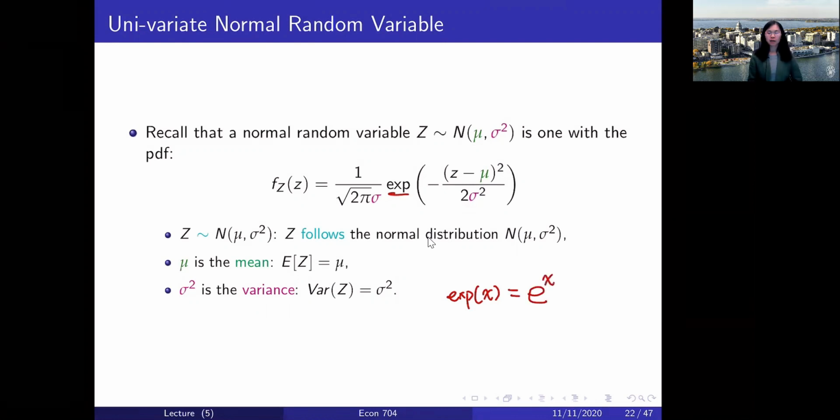This means e to the power x, where e is a mathematical constant that is approximately equal to 2.718. So for a scalar normal random variable, it's got two parameters, mu, which is the mean or expectation, and sigma squared, which is the variance.